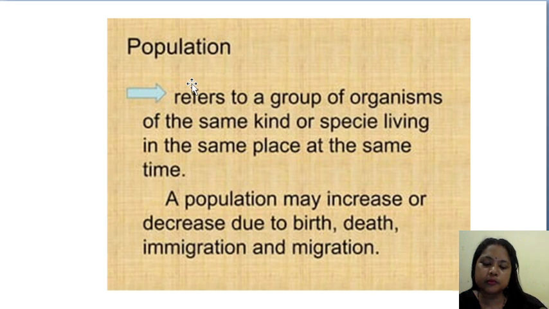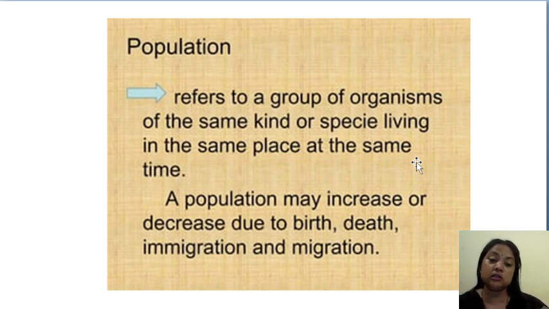When a group of individuals having common characteristic features have the capacity to interbreed among each other, then it is known as a population. Population refers to a group of organisms of the same kind or species living in the same place at the same time.